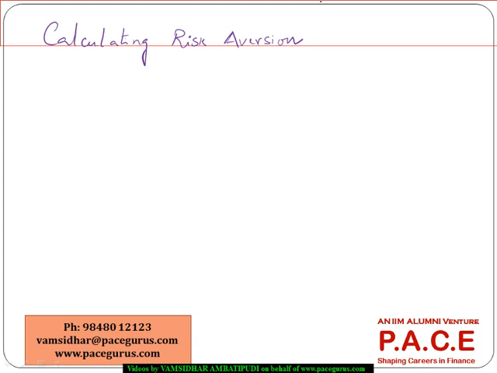Only if there is a possibility of getting a higher expected return will additional risk taking behavior come into the picture. So how do I calculate these risk aversion levels? How do I look at the certainty equivalent of that? How do I calculate the risk aversion levels in terms of absolute as well as the proportionate cases? All these things we would be covering now as part of this calculating process.